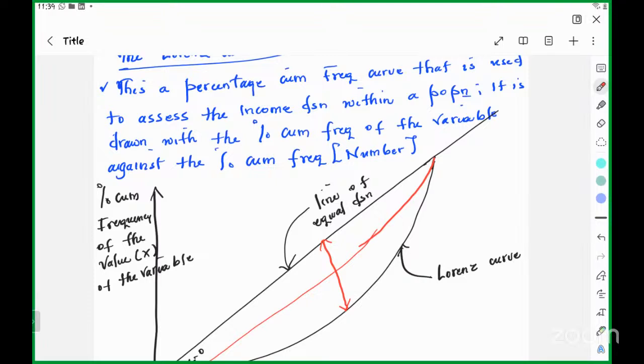When you look at production, you'd like to know how costs are spread within the units being produced. Also, when you are giving out a grant, did the beneficiaries get it? So you can still use a Lorenz curve. But mainly in economics, it is meant for analysis of income distribution.